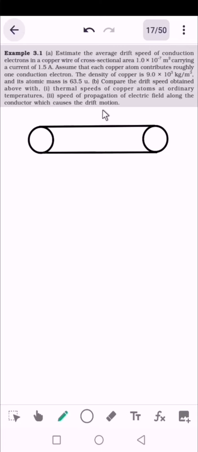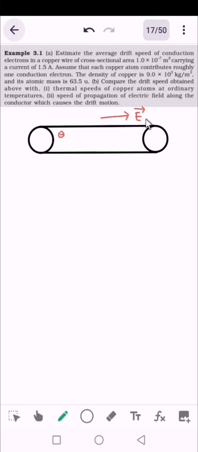So when an external electric field is applied in a direction, as we know, the electrons will be drifted in a direction just opposite to the direction of the external electric field.